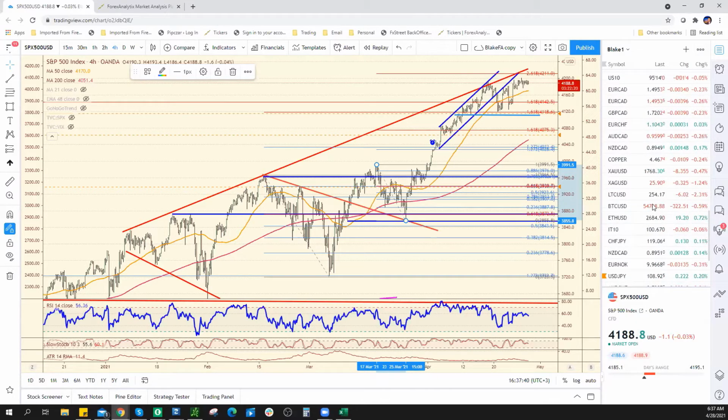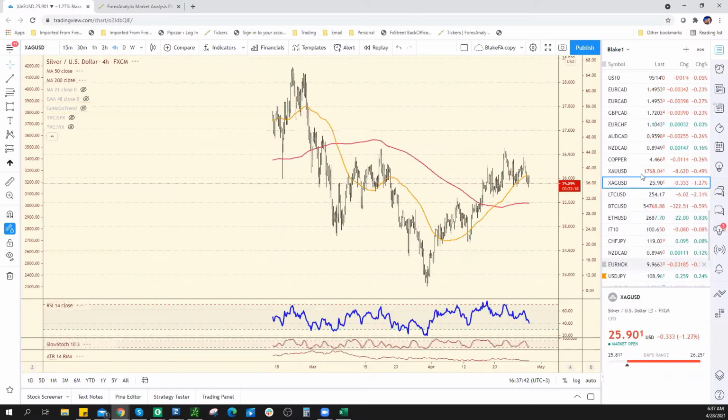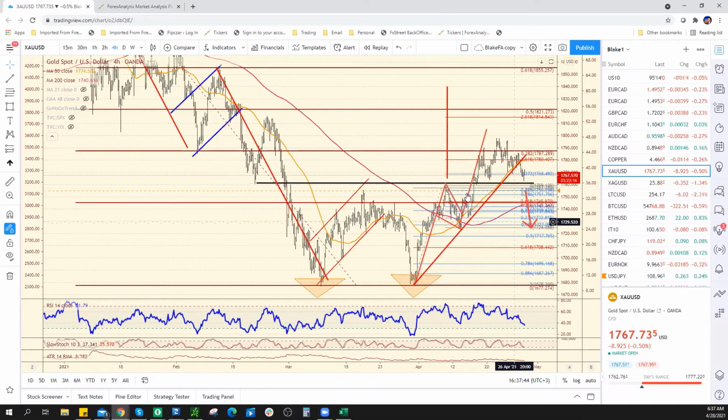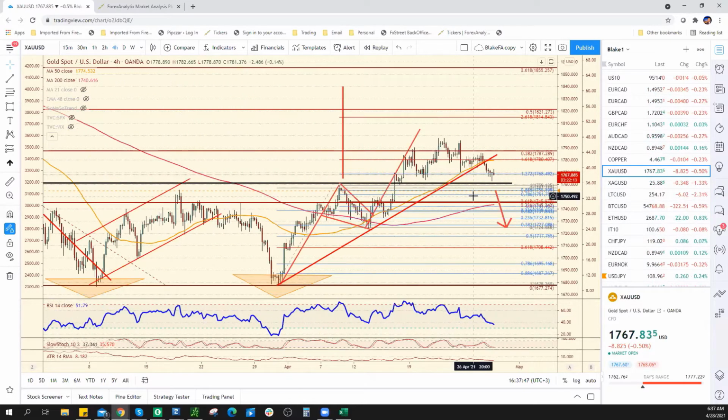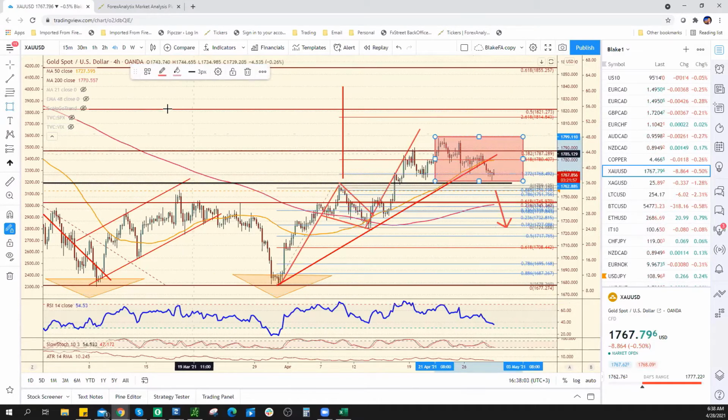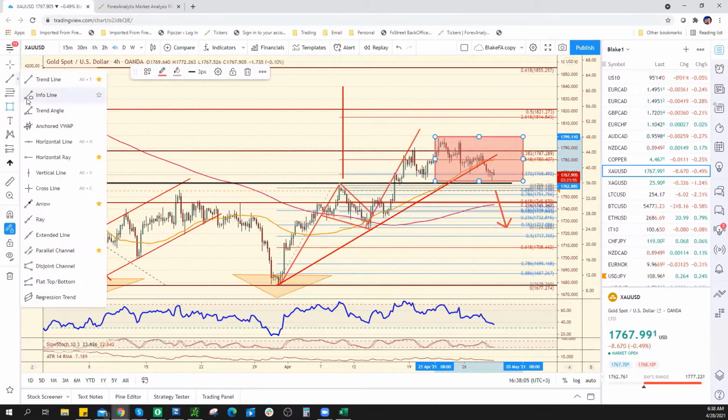Now gold is one of those things we should be watching. If you really want a clue to buy or sell the dollar, look at gold, because gold is here in this range.